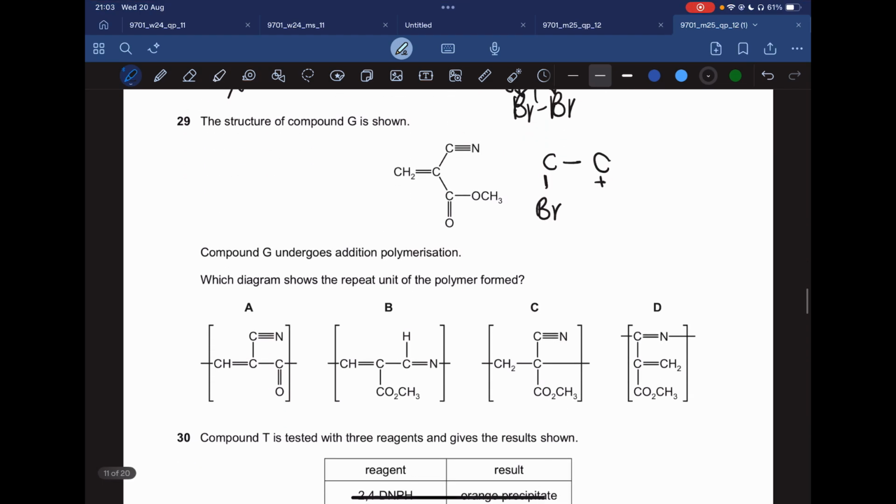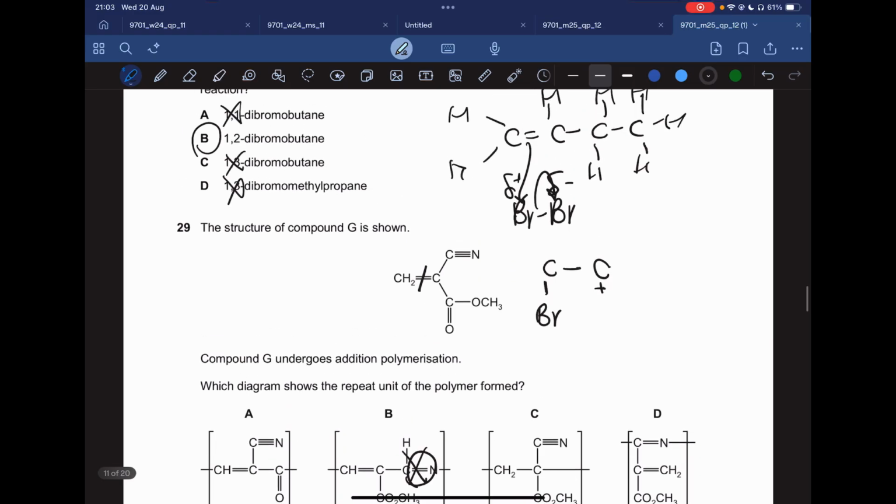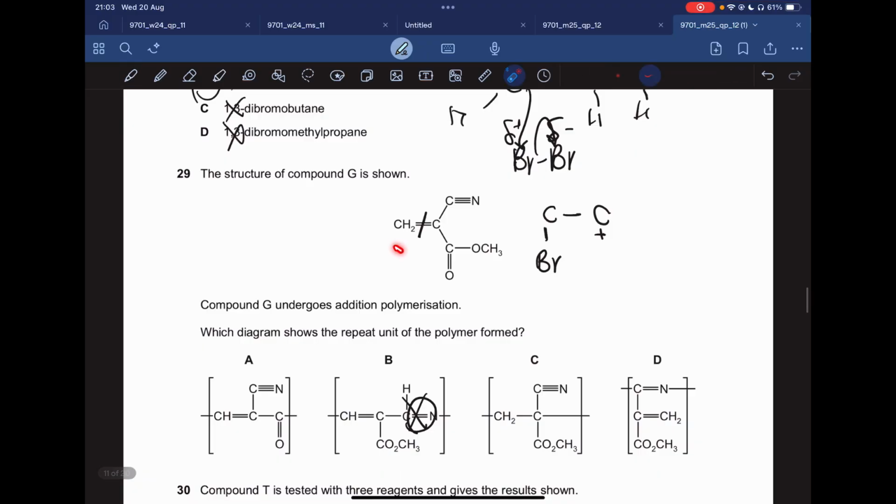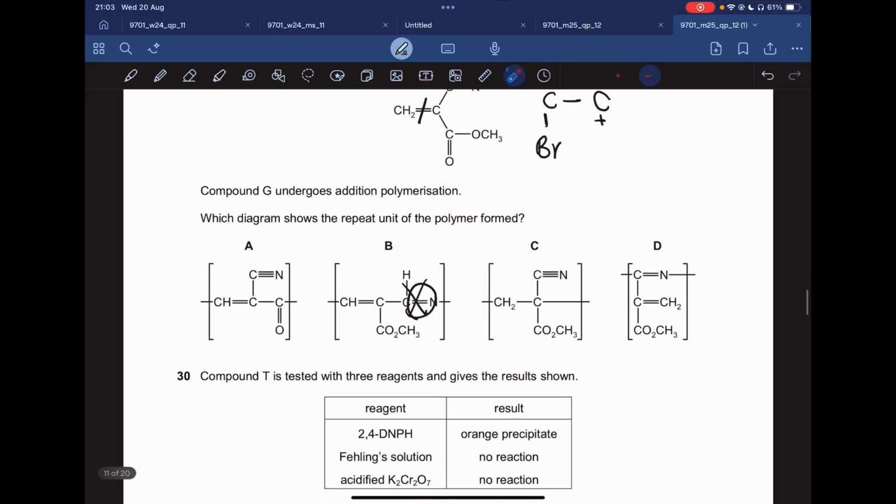Okay, 29, asking for polymerization. Remember, it's about this bond that's breaking in this case, and they're not going to create something new. So this can't be true because it's still a triple bond. It's only this bond that is breaking. Same thing here.